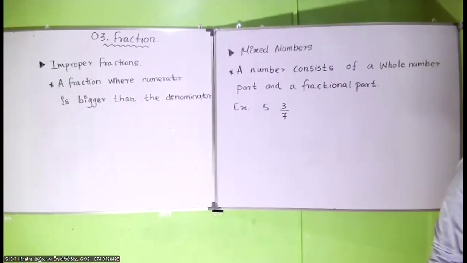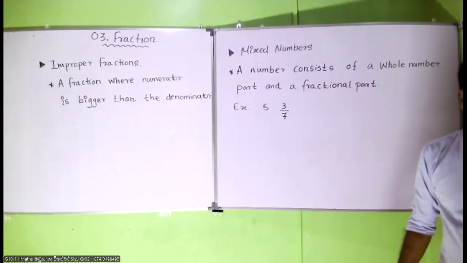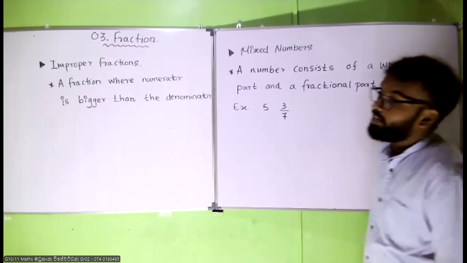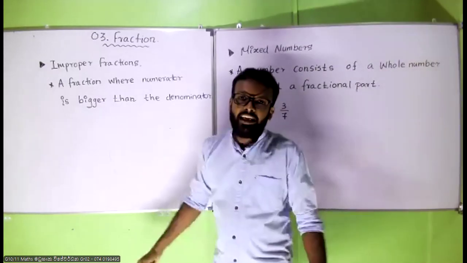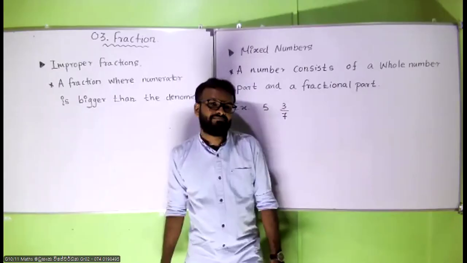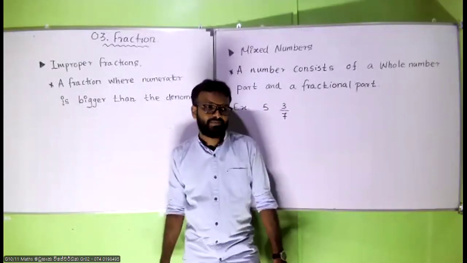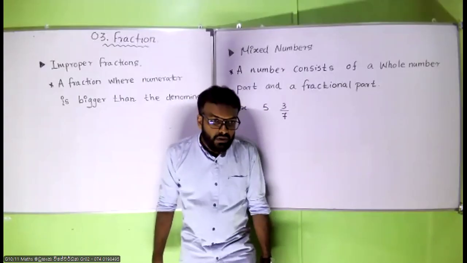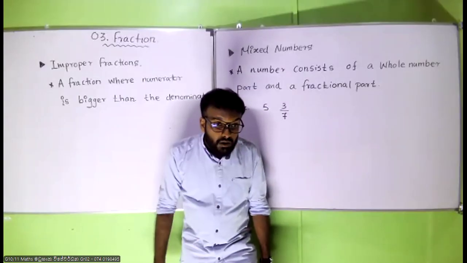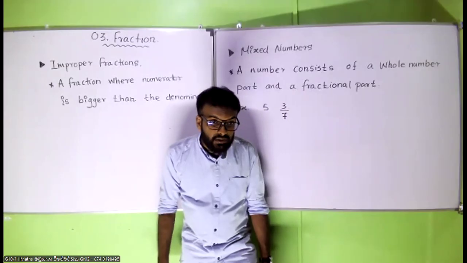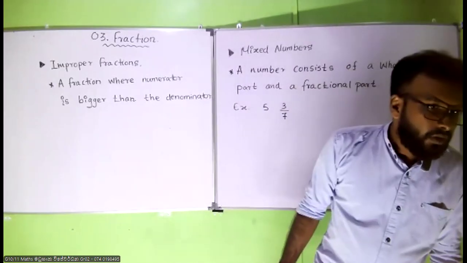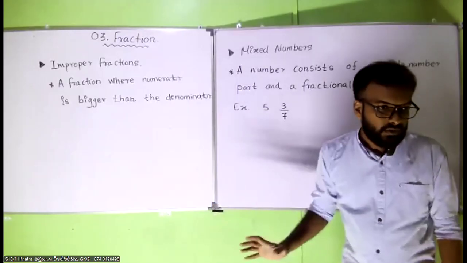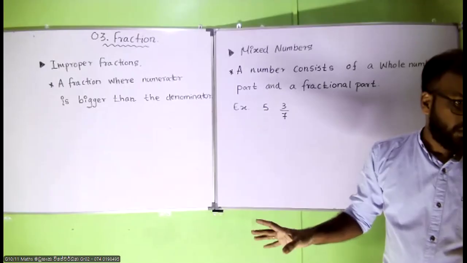Manishika is saying 5 and 3/7. Only those two? Any other answers? 5 3/7. 5 times 3/7.